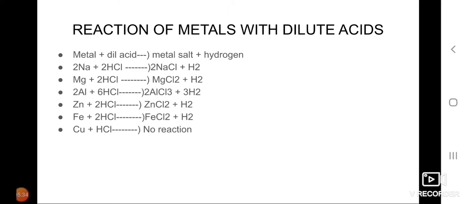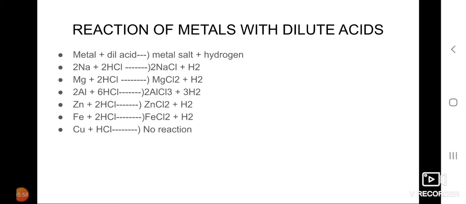Metals react with dilute hydrochloric acid to give metal chlorides and hydrogen gas. See the examples. Sodium plus HCl: sodium metal reacts violently with dilute hydrochloric acid to form sodium chloride and hydrogen. This reaction shows that sodium metal is very reactive.